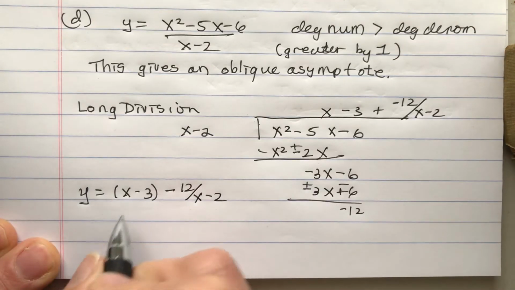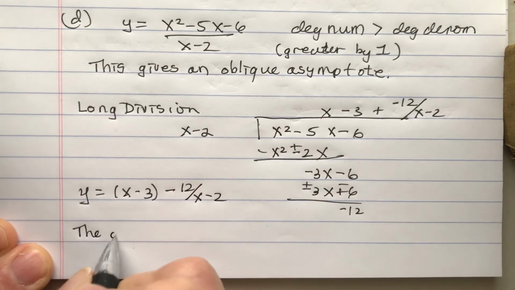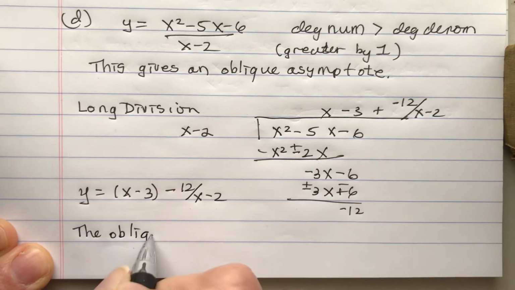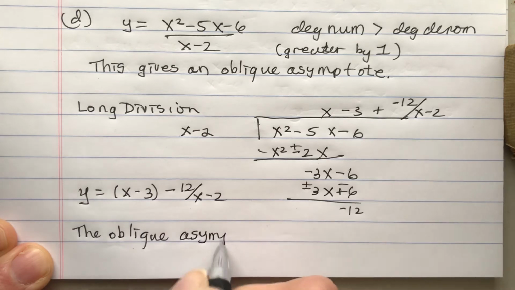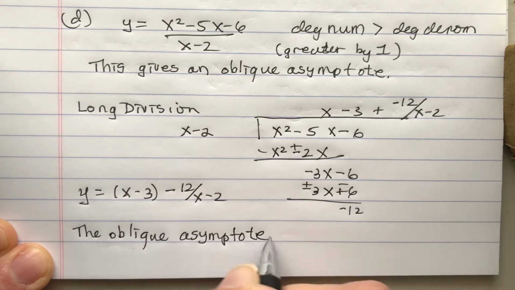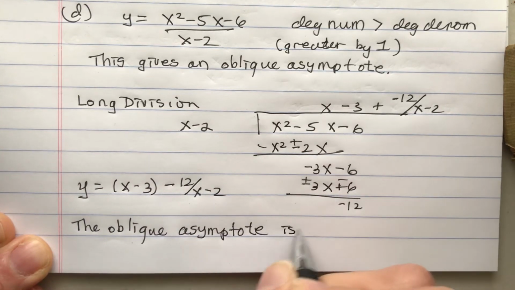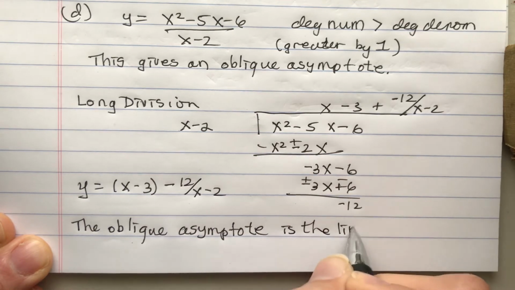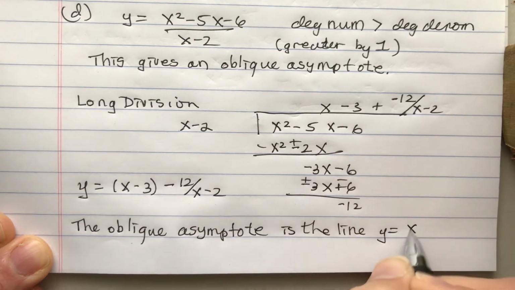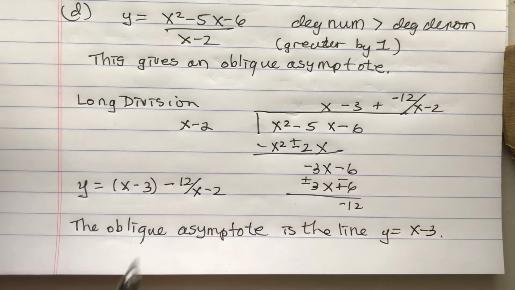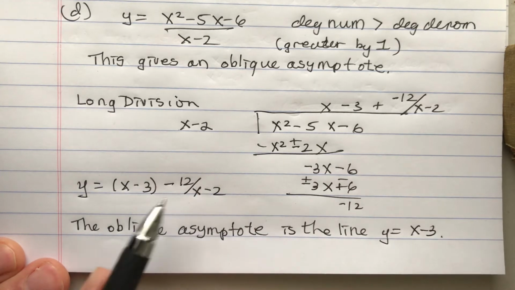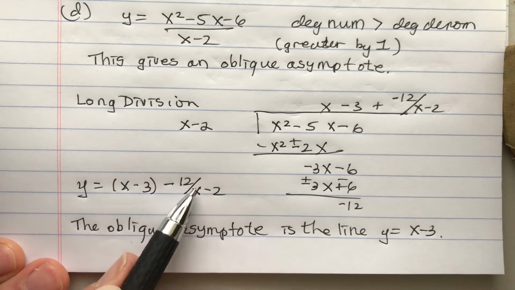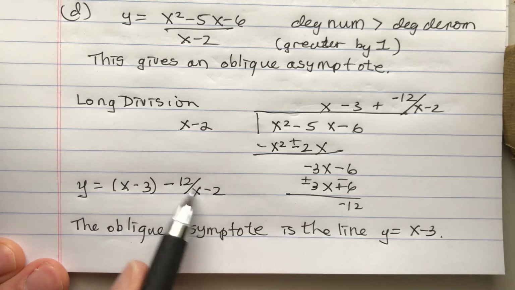And this guy here, the x minus 3, gives us a line, which is the oblique asymptote. What is an oblique asymptote? It's a line. The idea is that as x gets large, negative 12 over x minus 2 becomes almost 0.